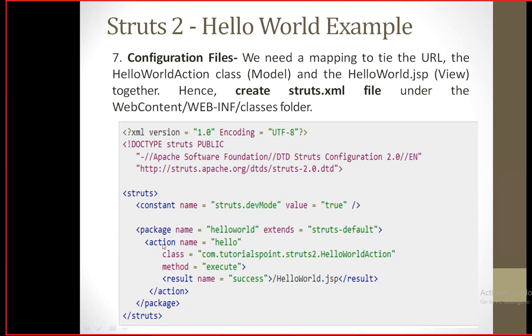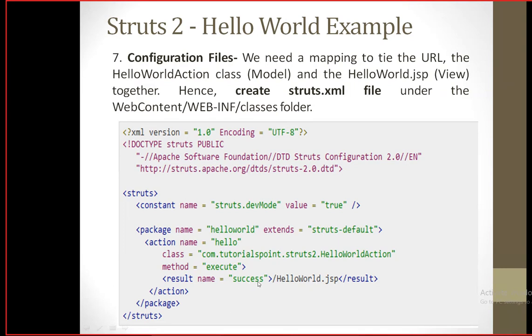Understood? And for every action, we need to have some resultant page that will be displayed to the client. So that resultant page is again defined by using the result tag, right? Now, for every action class, there may be n number of types of result. One is the success page, one is the invalid data page, one is the unsuccessful page, right? So for each of those types of results, we will have to define a separate JSP page.